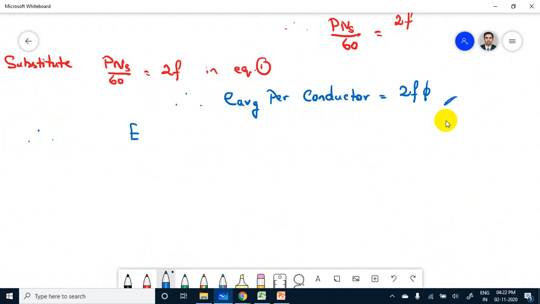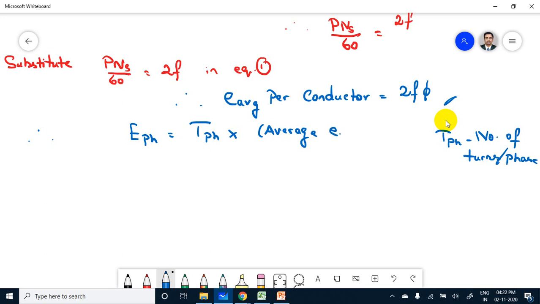Now this average per conductor we can represent in terms of the number of turns. So the EMF per phase is equal to T phase, where T phase is the number of turns per phase, into the average EMF per turn, which is equal to T phase into how much average per conductor? 2F φ.